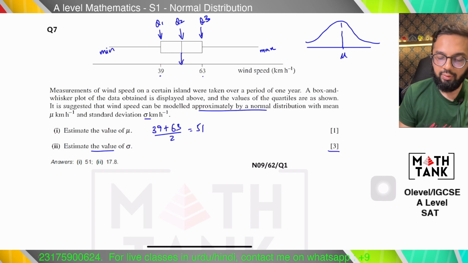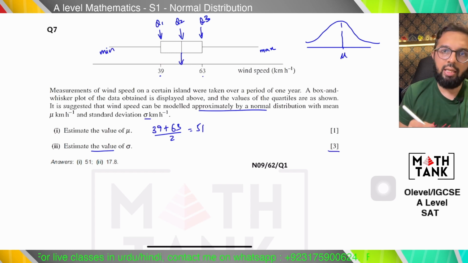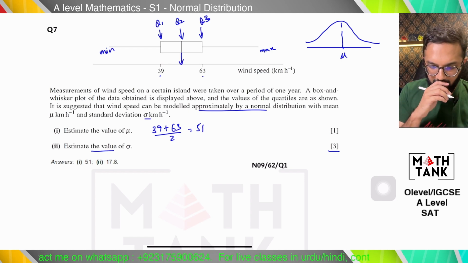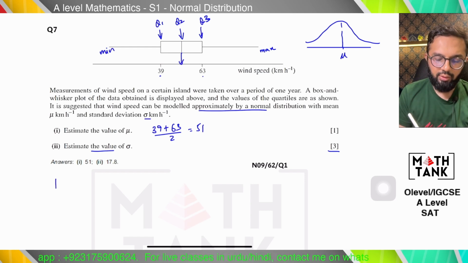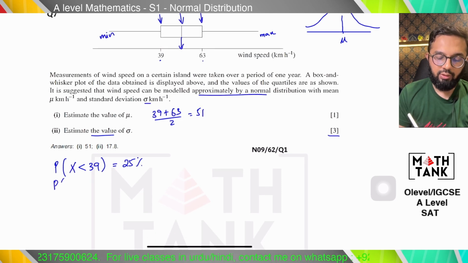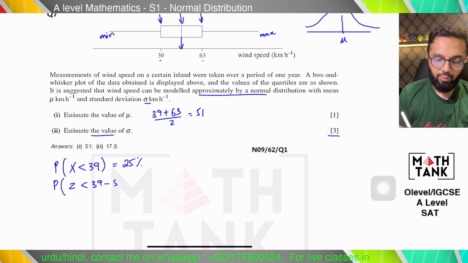Then it says estimate the value of sigma. I could use any of these quartiles or the median to find the value of sigma. So I'm going to say that the probability of x less than 39 is 25%. Why? Because it's the lower quartile. I change it to z. So z less than 39 minus mu, which is 51, over sigma, equals 0.25.